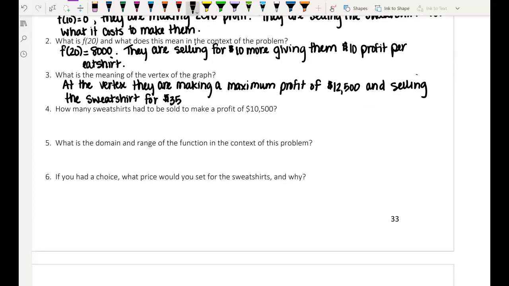So 700 sweatshirts selling at $25 each will give them a profit of $10,500.